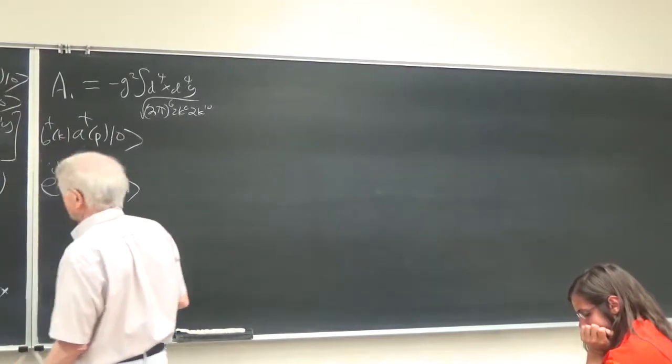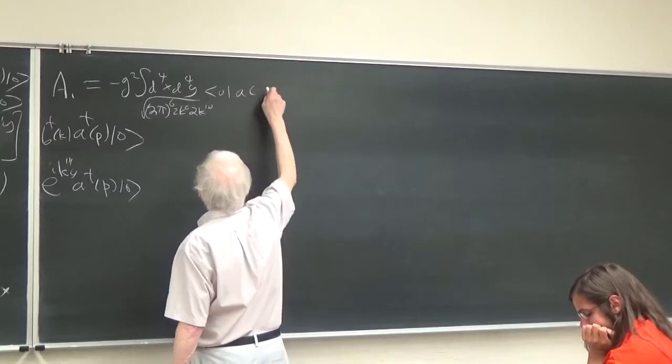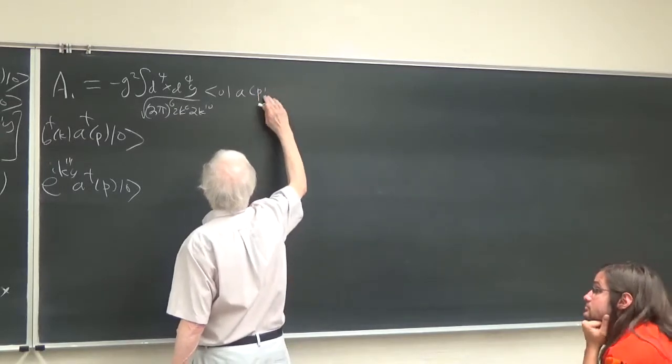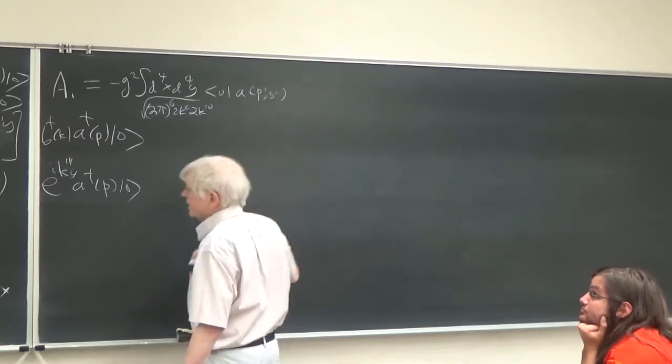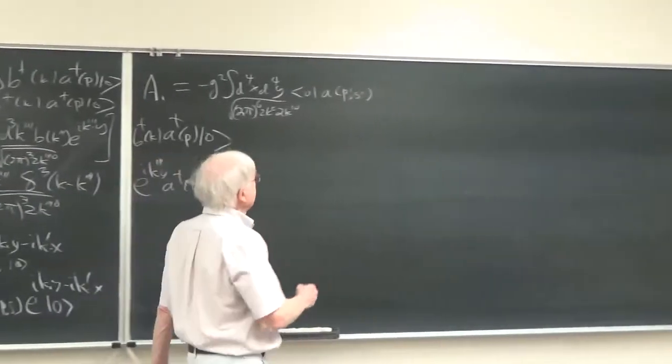Okay, and then vacuum A of k prime, s prime, and then what's left is this time-ordered product. So I'm going to write the time-ordered product explicitly.